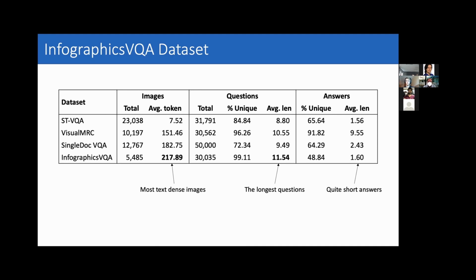We think this is because the complexity of the infographics is such that you need to be very specific when asking something to not be ambiguous. For example, you have to ask about this element in this position about this period of time. You have to be very, very precise. On the other side, the average answer length is quite small, because usually the answers are just one number, or a percentage, or a couple of words.